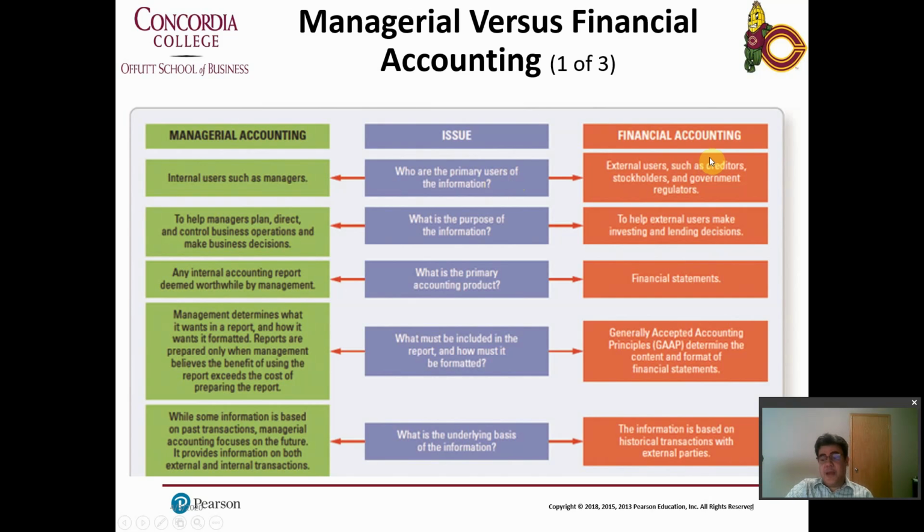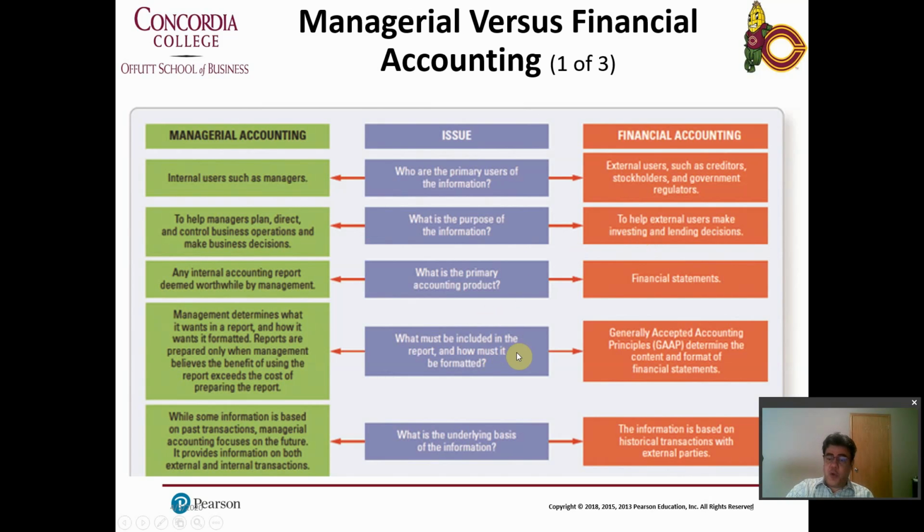Financial accounting, accounting 255: external users, such as creditors, stockholders, and government regulators. Managerial: internal users, such as managers. And then purpose. Managerial: help managers plan, direct, and control, our three primary responsibilities. Financial: help external users make decisions.